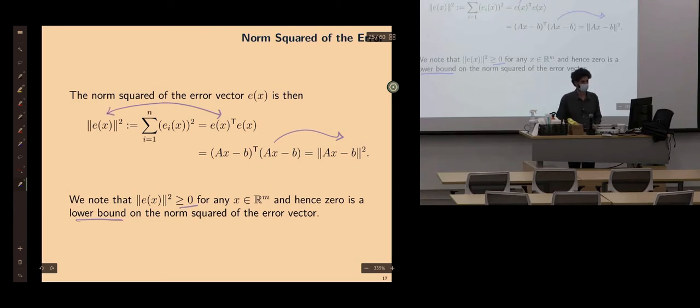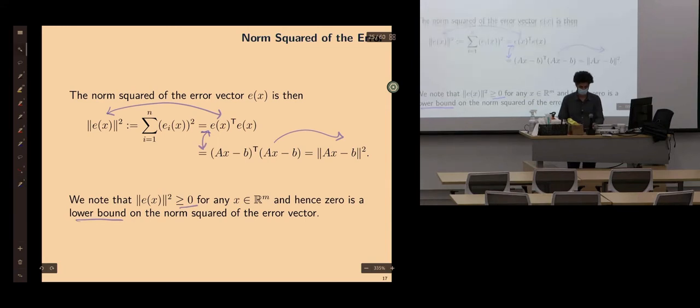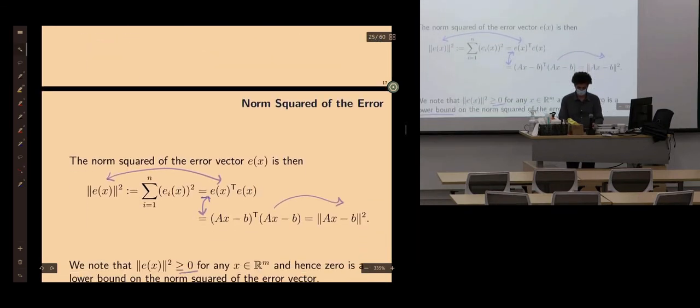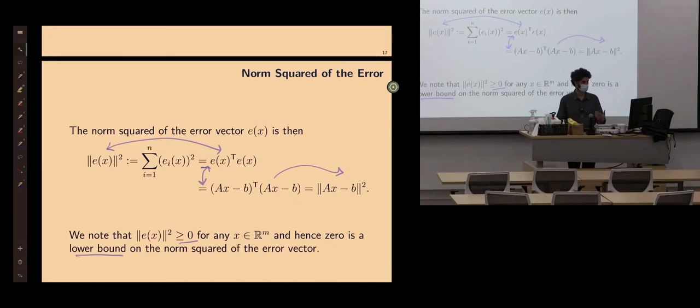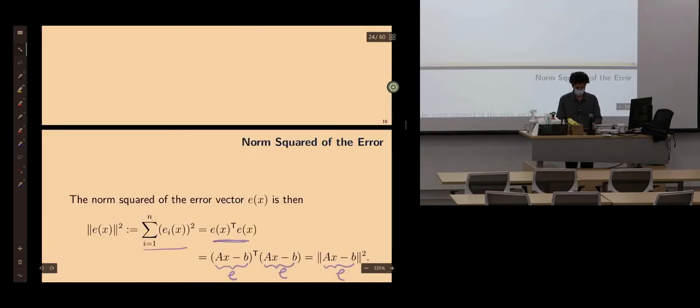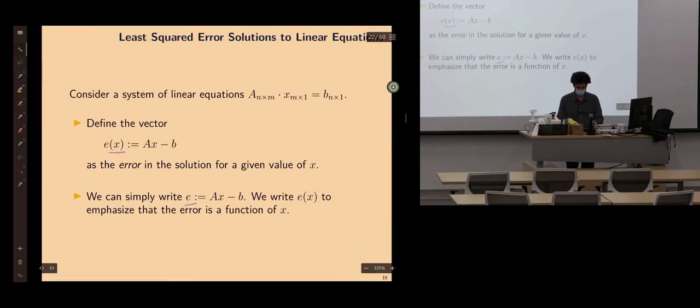So you substituted the definition of the error. From here to the bottom line, I am just substituting the definition of the error. So the question was how I could get these last two equalities. The definition of the error was Ax minus b, which is 0 if there is a solution.